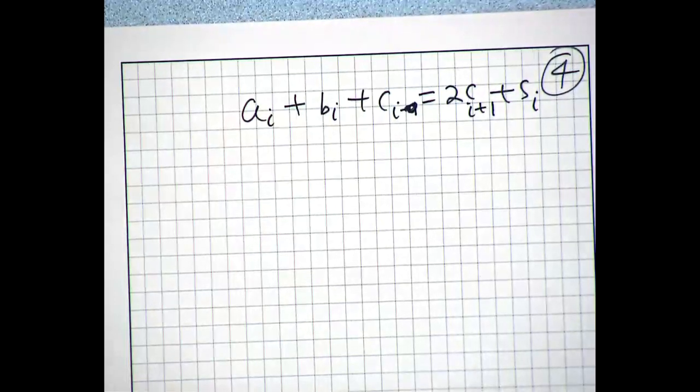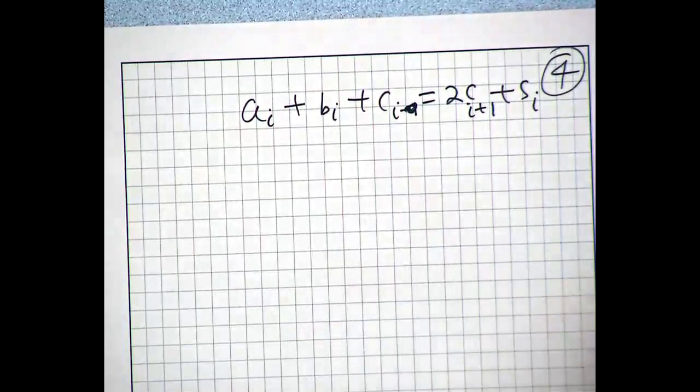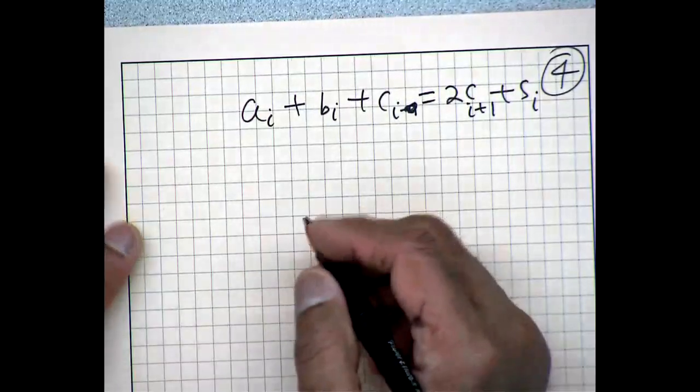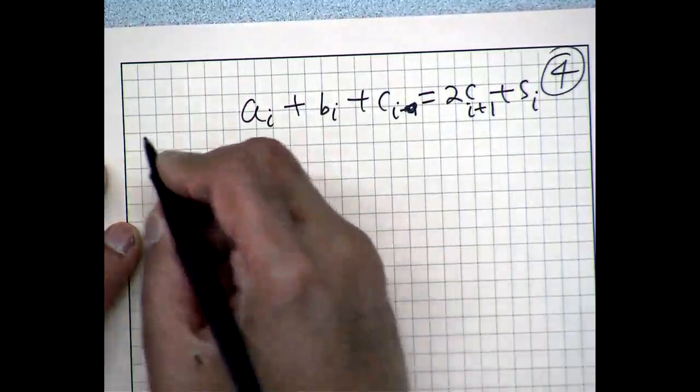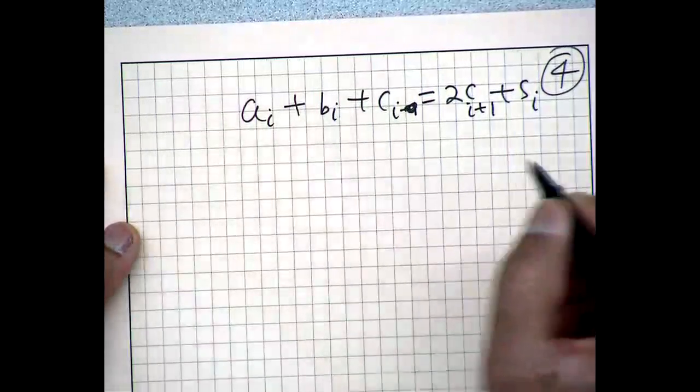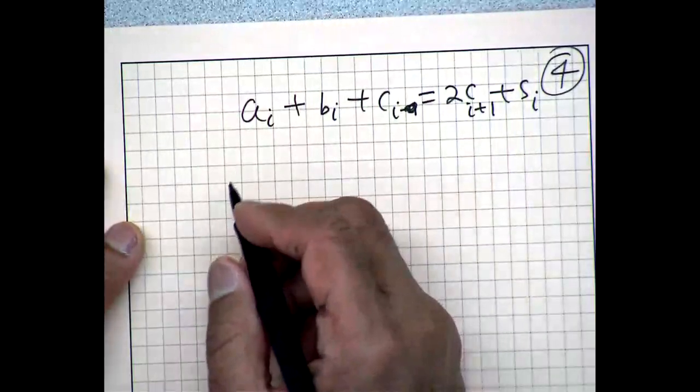Okay, so appendix E talks about this. Let me write that down. You can read that in appendix E, which is page 754, 755. So you can go to that page.